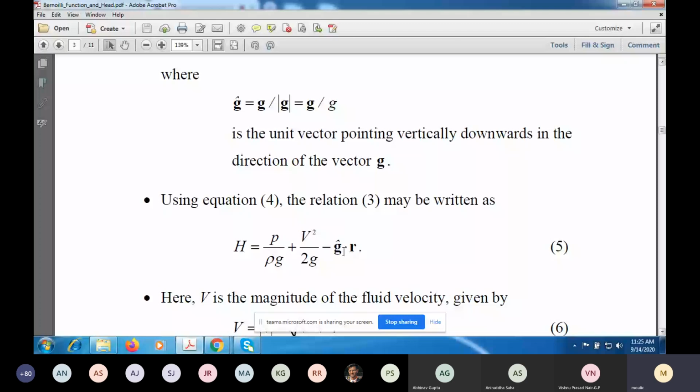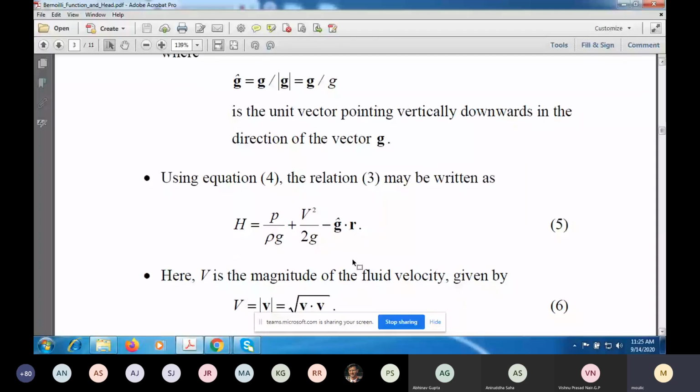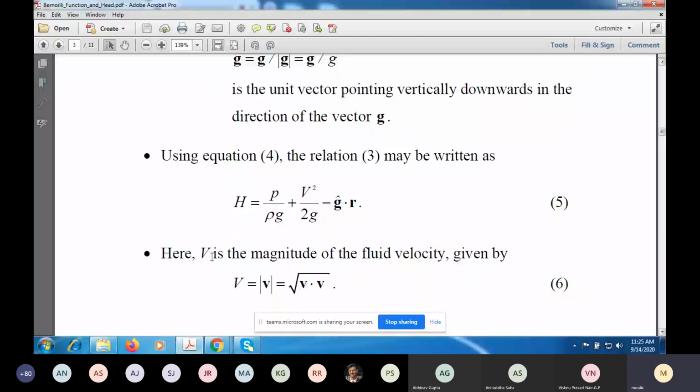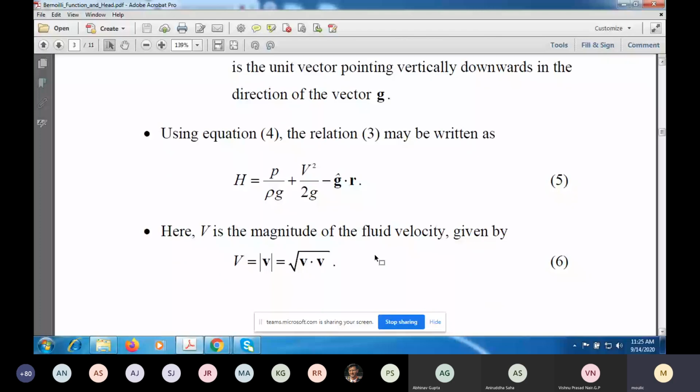Now here I've used a different notation. I've used capital V to denote the magnitude of the fluid velocity. So this capital V is the absolute value of the vector v, which you can think of as square root of v dot v. So capital V square is v dot v. And v dot v, if you write in Cartesian coordinates, will be vx squared plus vy squared plus vz squared.